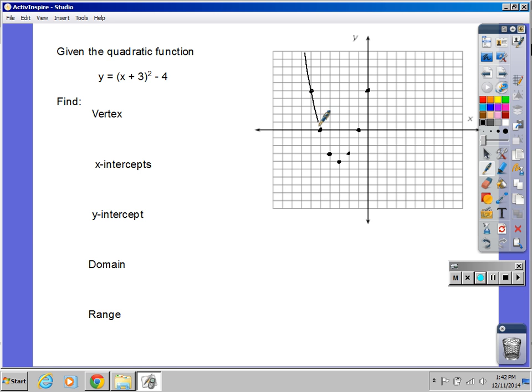And if you don't, what you would do here is simply look at the equation and say, okay, my vertex is going to be the opposite of that number and that number. So -3, -4. Just remember, this is always opposite, and this is always what you see. And of course, you could graph it in the calculator and see what the vertex is.